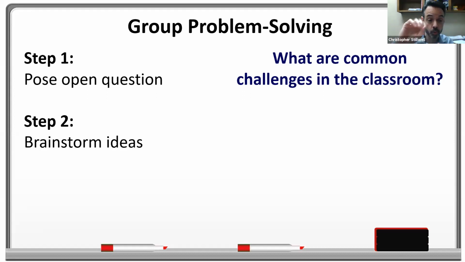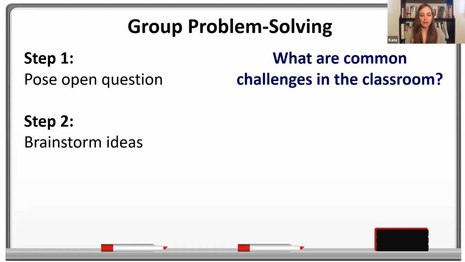And so in this case, if we're writing on the board, we could put some things up there. Kate, what are some things that you think teachers might put up there if we're talking about common challenges in the classroom? Good question. Let's see, common challenges in the classroom. I would say a lot of people deal with very large class sizes.